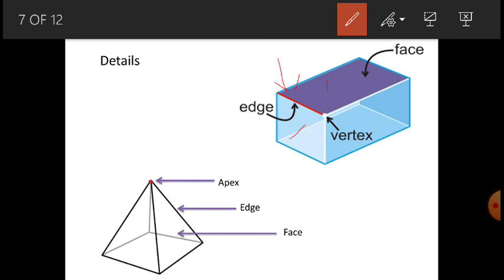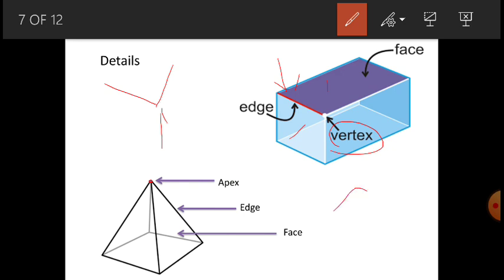That line is called an edge, okay. Where three edges meet is called a vertex, okay.